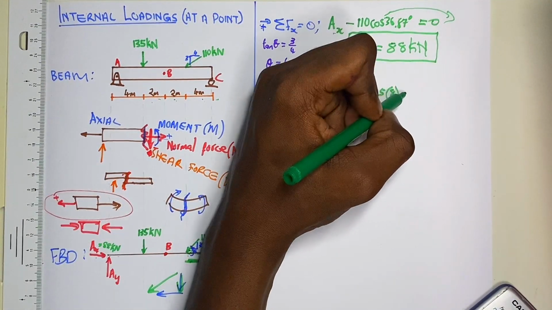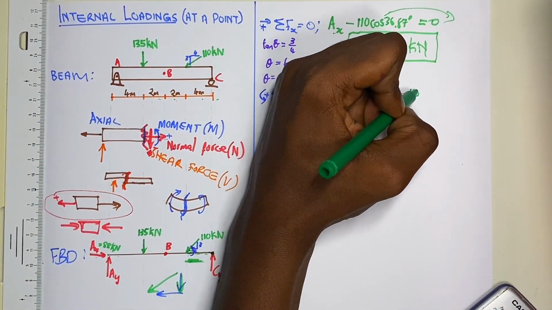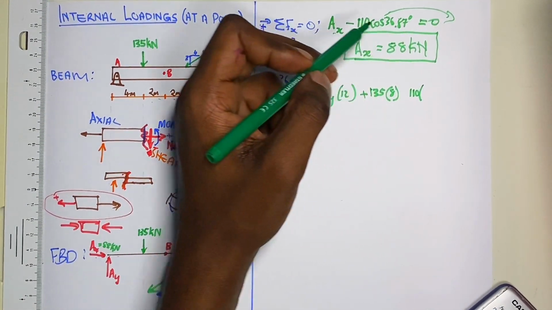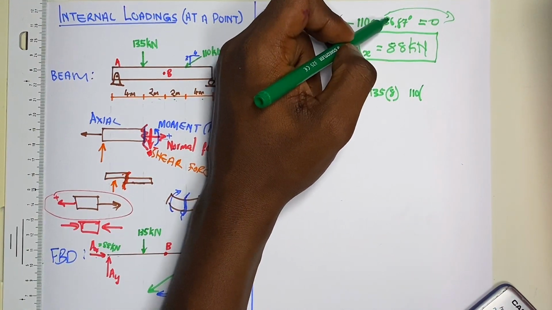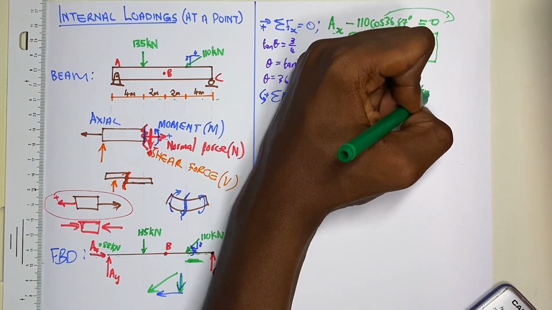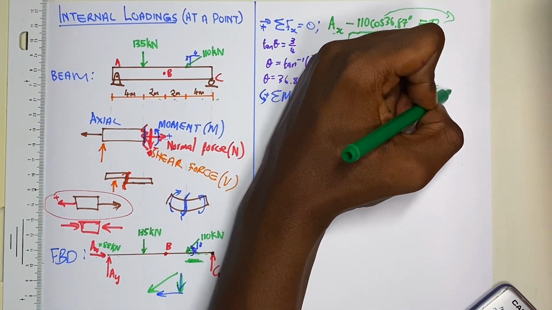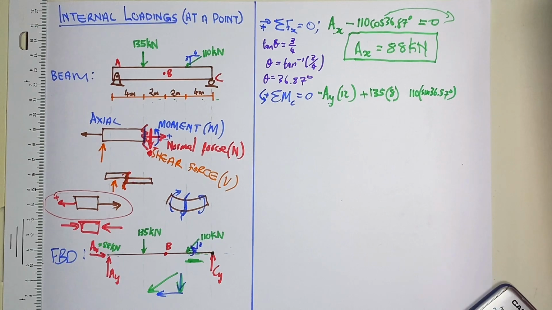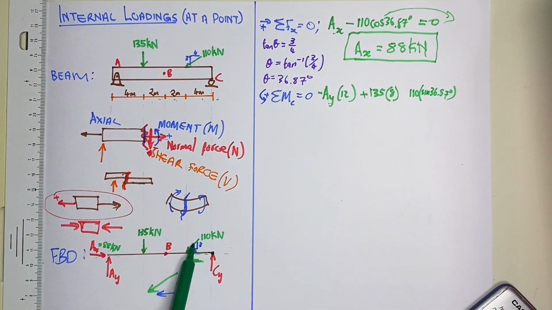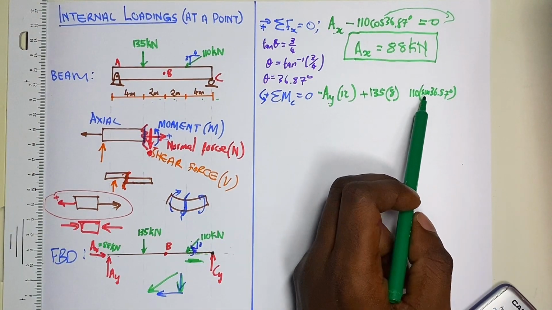So we're going to take the 110 multiplied by the component. In this case, we'll have sine of 36.87. I'm also very aware that some people prefer to use the proportion, so they would rather say 110 multiplied by 3 over 5 instead of using sine.